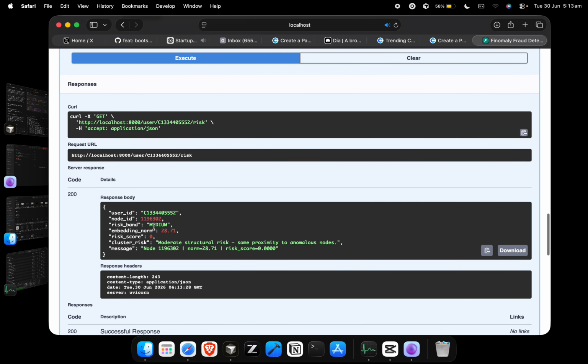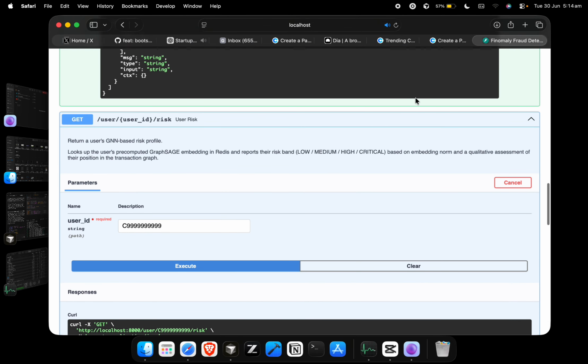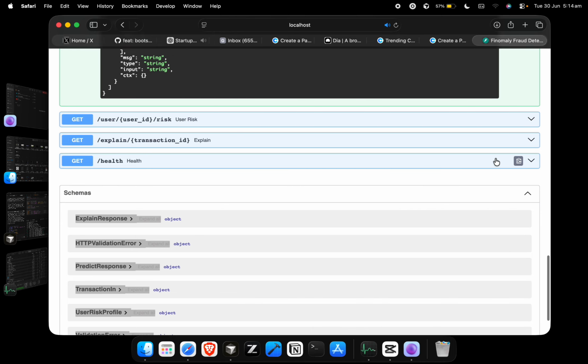Then we can see their risk band is medium. The message: the cluster risk is a moderate structural risk, some proximity to anomalous nodes. So yeah.